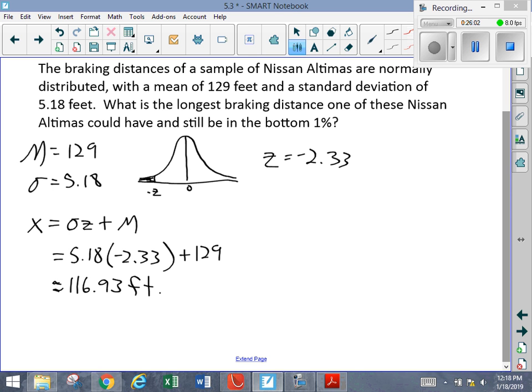That's the longest braking distance one of these Nissans can have and still be in the bottom 1%.